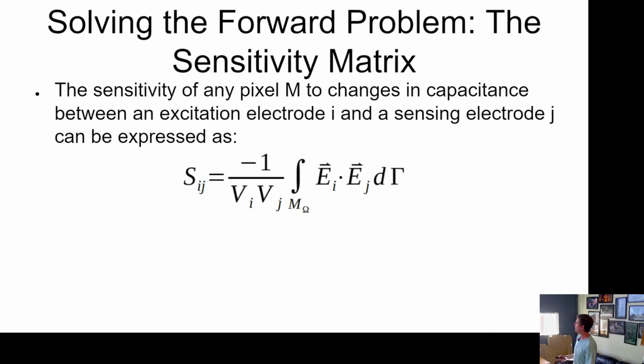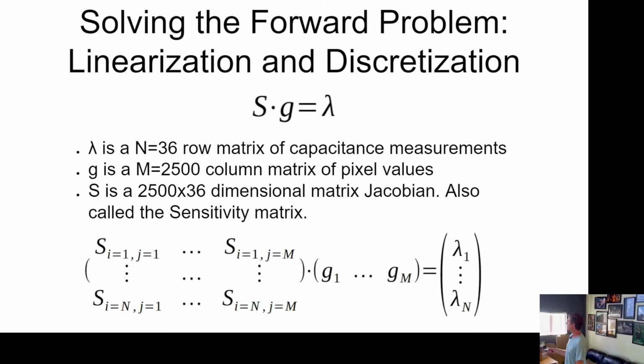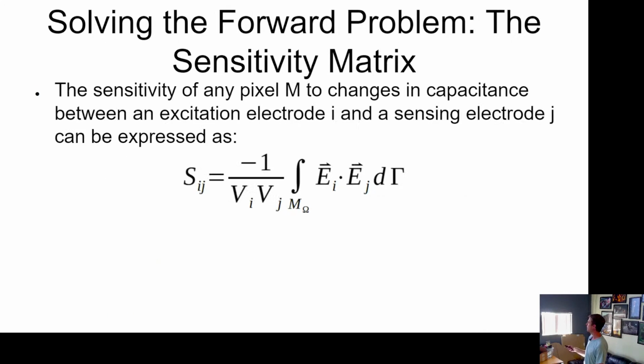So we can solve all of those Sij values by solving these equations. We solve this equation for each set of electrodes to produce all of our S matrix elements.